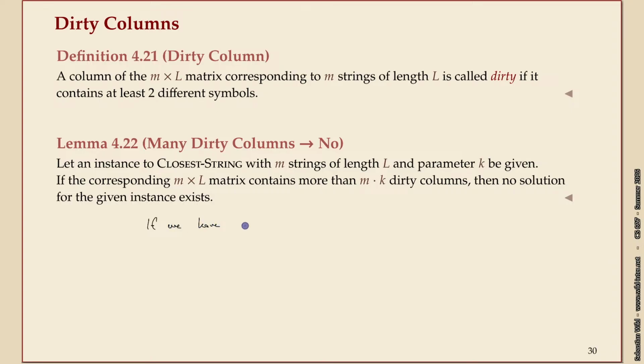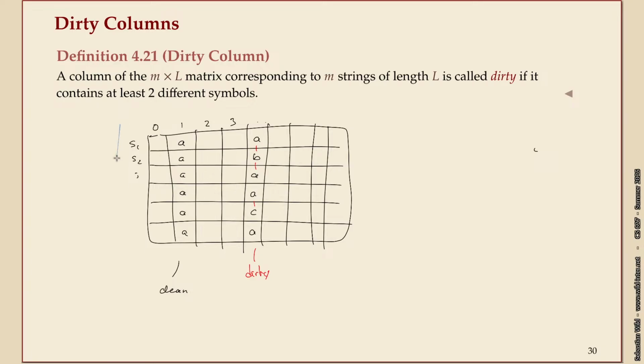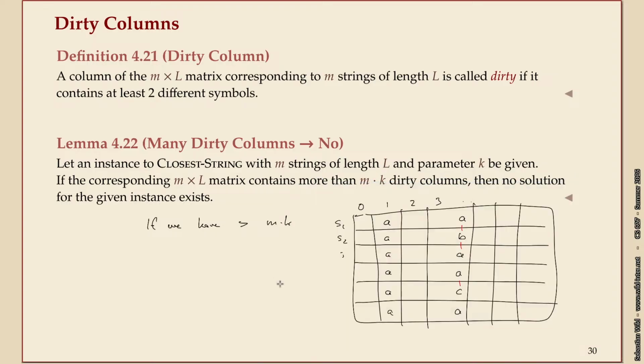If we have strictly more than these m times k columns, let me maybe steal the picture from the previous slide. Now, if I have more than m times k such dirty columns, no matter what the consensus string looks like, the consensus string will have to pick a letter in each column.